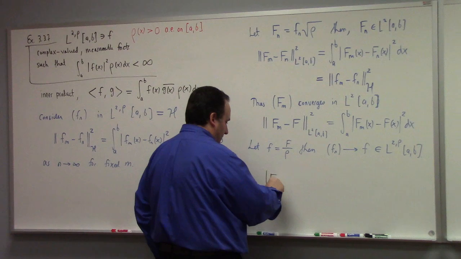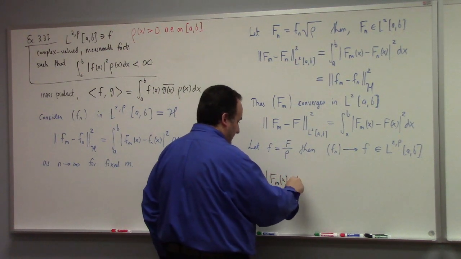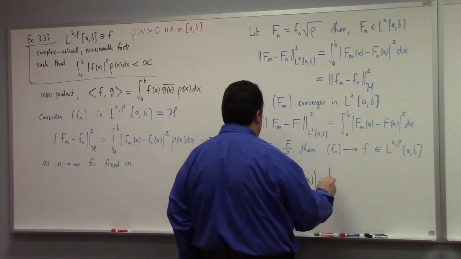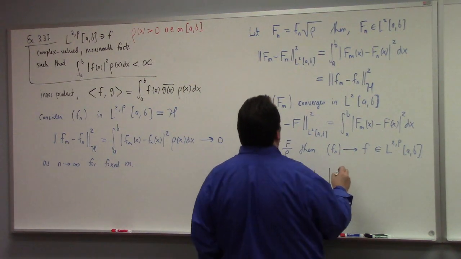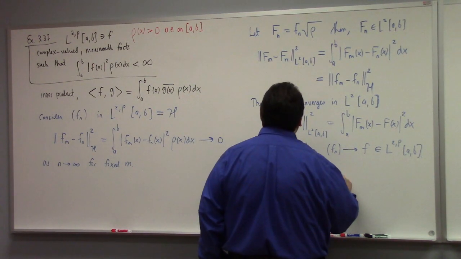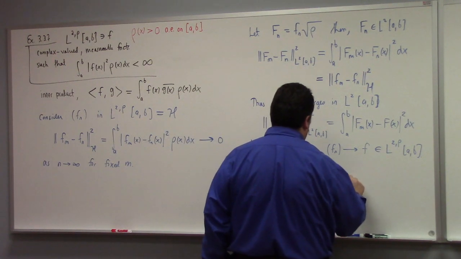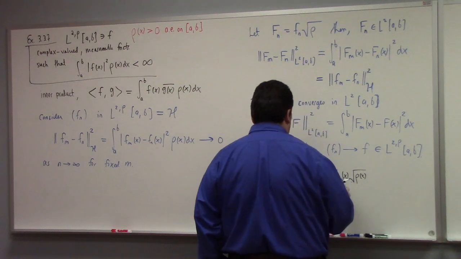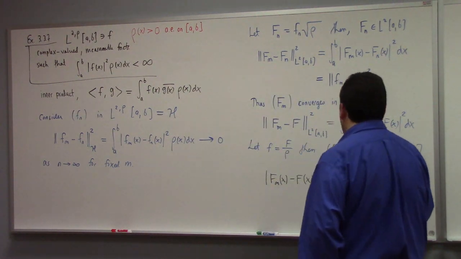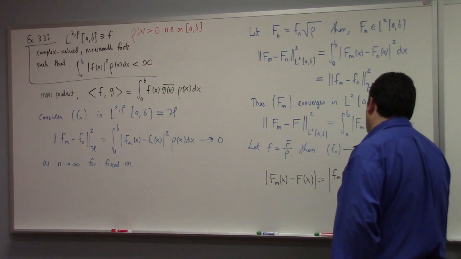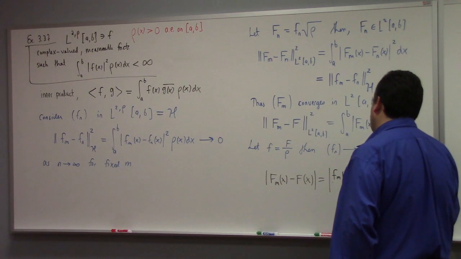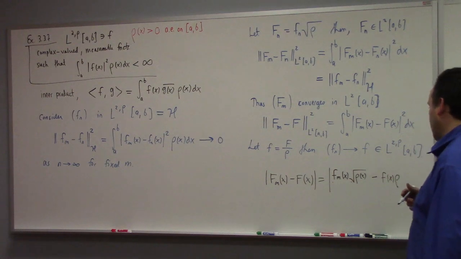So Fm of x minus f of x is equal to Fm of x times the square root of rho x, minus, well, what's big F? Big F is f of x times rho x, yeah? Oh, my bad. See, that's not going to work. So I found a mistake. What should I have done?